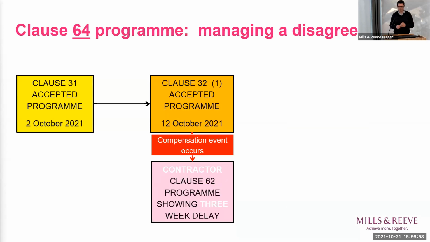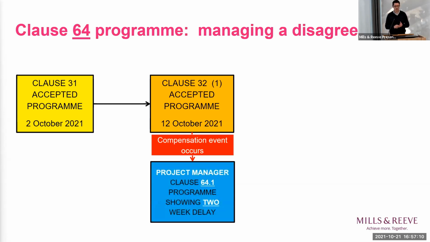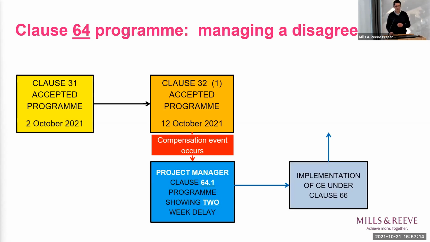Other issues then arise when there is a disagreement between the parties. So if we go back to our initial compensation event, the contractor considers there was a 3-week delay. The PM thinks 3 weeks is a bit too generous. I believe it's 2 weeks. The project manager then implements its own assessment under clause 64.